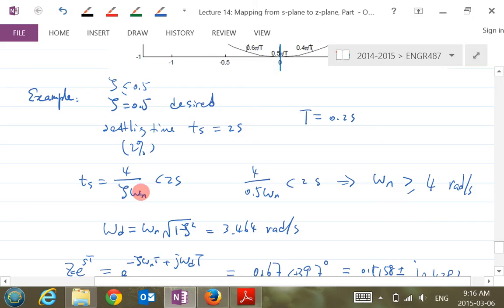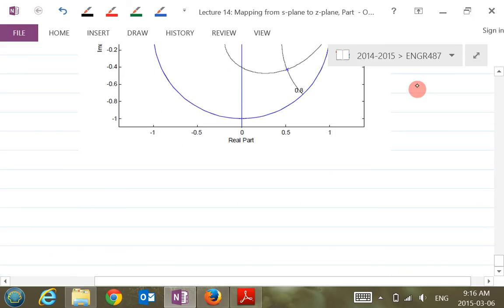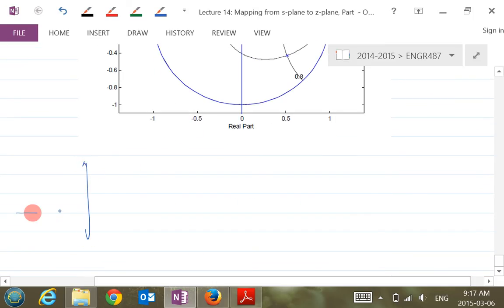Or in other words, I want my sampling time basically to be less than 2 seconds. All right? So this becomes a slightly different question. I want my zeta, if this is zeta corresponding to 0.5, I want my zeta to be greater than 0.5.